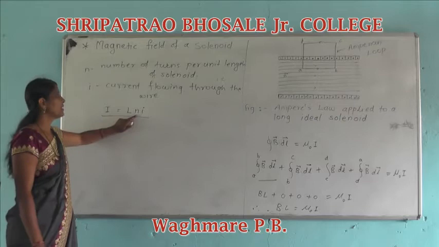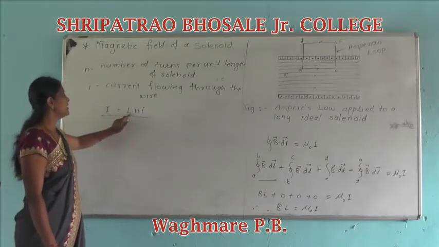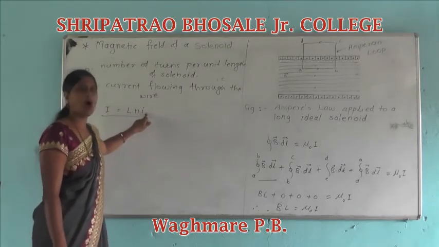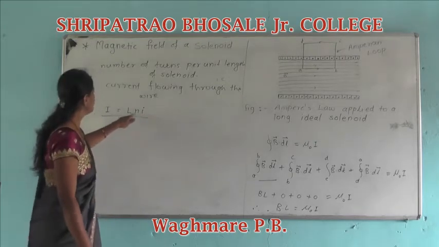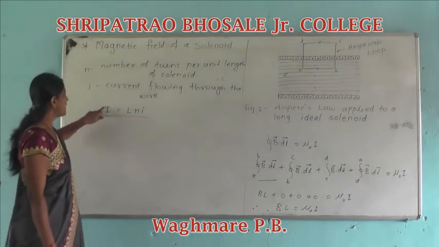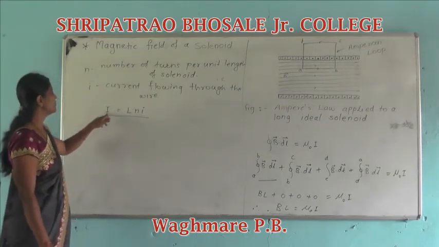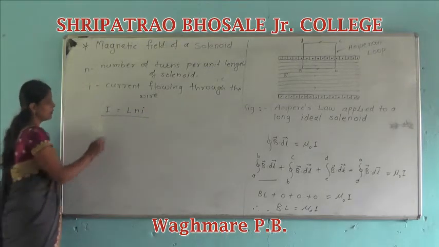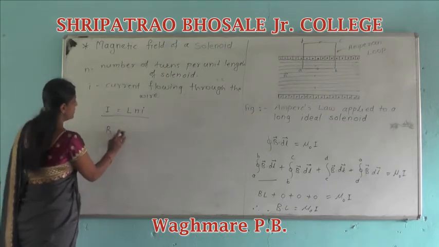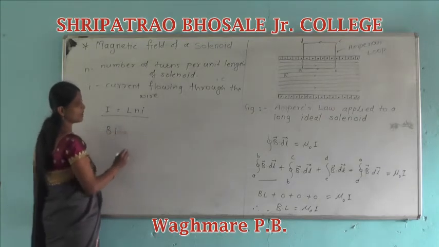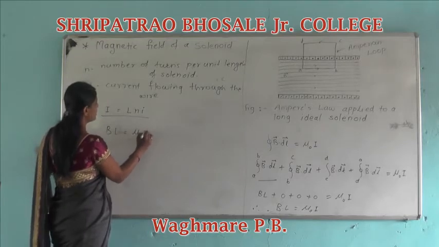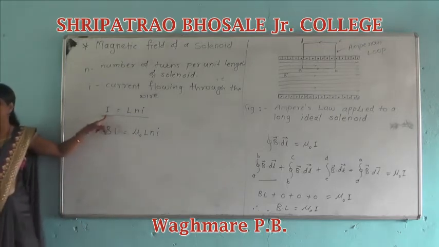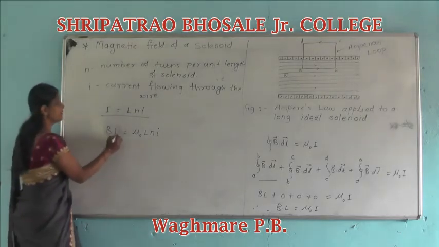Therefore, the total turns on length L is equal to L into n, and the total current coming out of the plane of paper is I. So the net current encircled by the loop is L into n into I. We can put this value in the equation: B into L is equal to mu naught n L I. Then L will be cancelled.